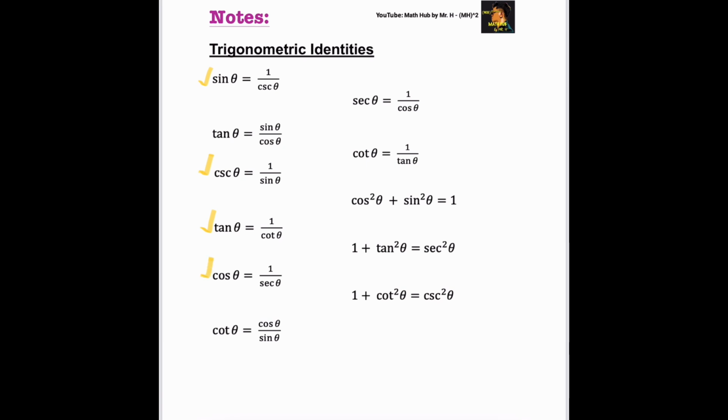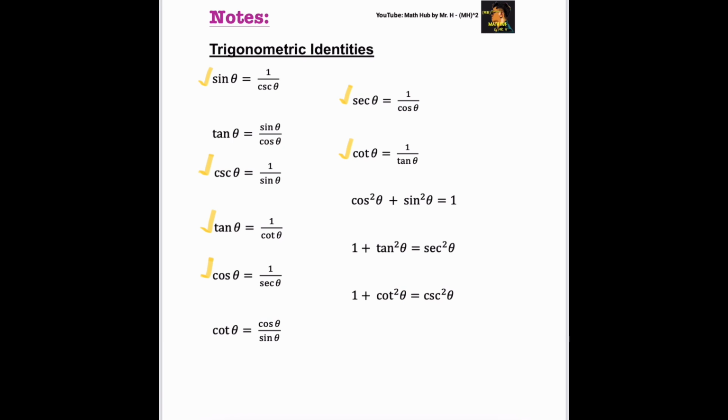Cosine theta equal to 1 divided by secant theta. We also have here secant theta is equal to 1 divided by cosine theta. And cotangent theta is equal to 1 divided by tangent theta. So those are the reciprocal identities.